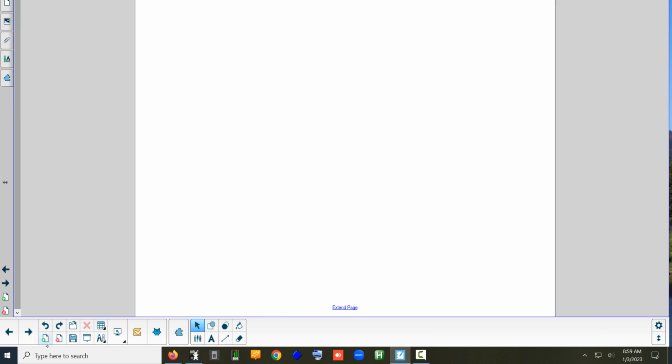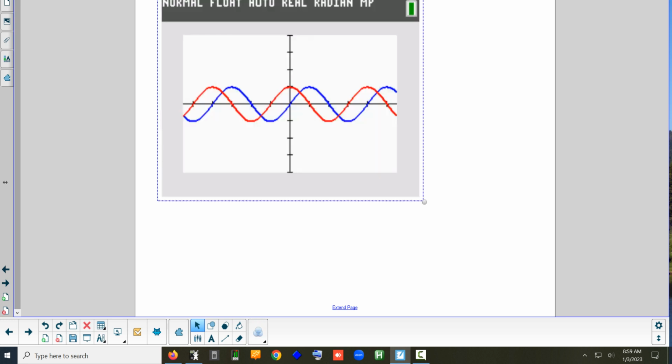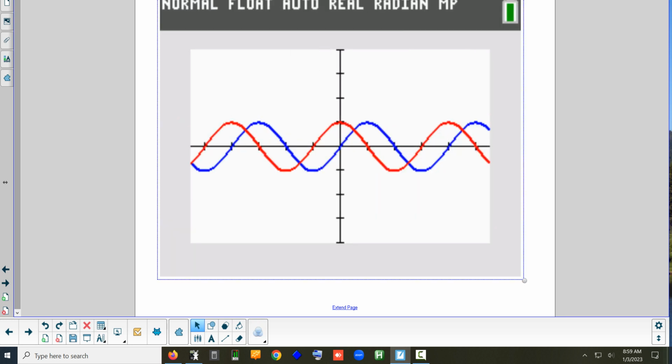What's the difference between sine and cosine if you just look at the picture? Just transform the unit over. And what do you remember each one of these tick marks represents? How many degrees? 90. So it's one tick mark over, which means sine and cosine are horizontal shifts of each other by 90 degrees.